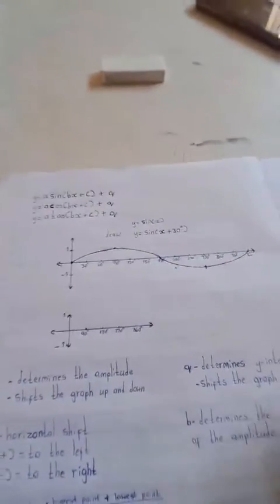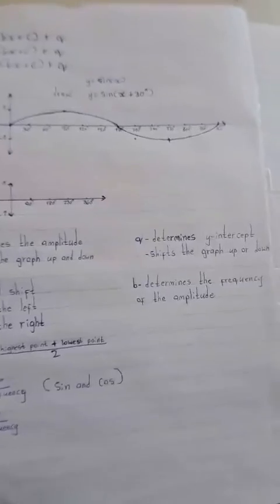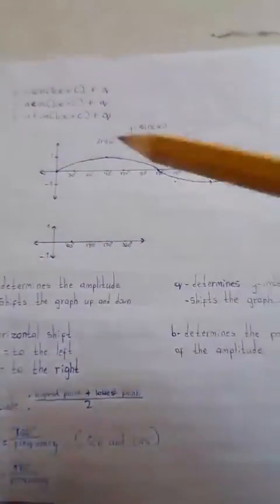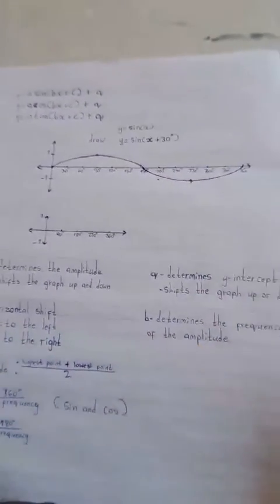Here in grade 12, before you sketch anything, you must make sure that you have the x-intercept, the y-intercept, the turning points, and all of that. And after that, you sketch those axes.